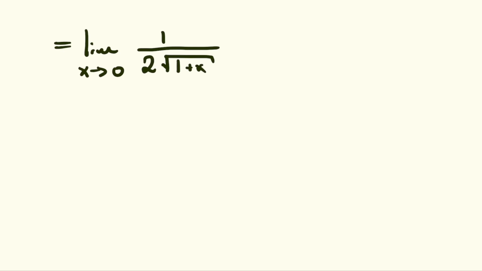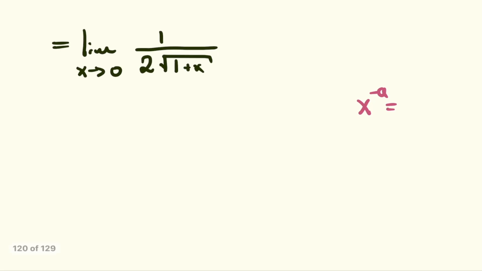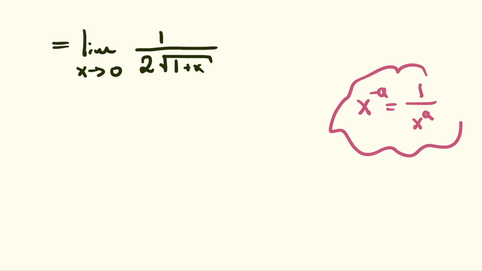Because remember, when we have x to the negative a, we can rewrite that as 1 over x to the a. So this is a nice algebraic tool that we can use all the time. Super great to have. Our double negative turns into a positive, plus 1 over 2 square root of 1 minus x.